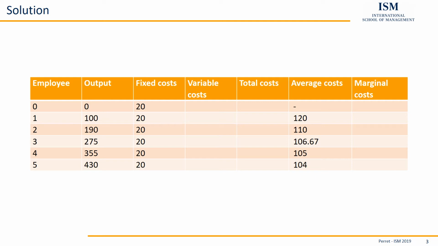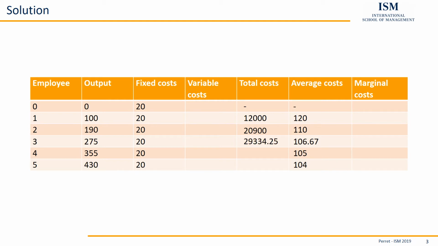So this is actually a problem for the first one because we don't have average cost, because we have an output of 0, so we cannot get this. But for the next one, we have 100 times 120, so 12,000. Then 190 times 110, giving 20,900. Then 275 times 106.67, giving here this result.